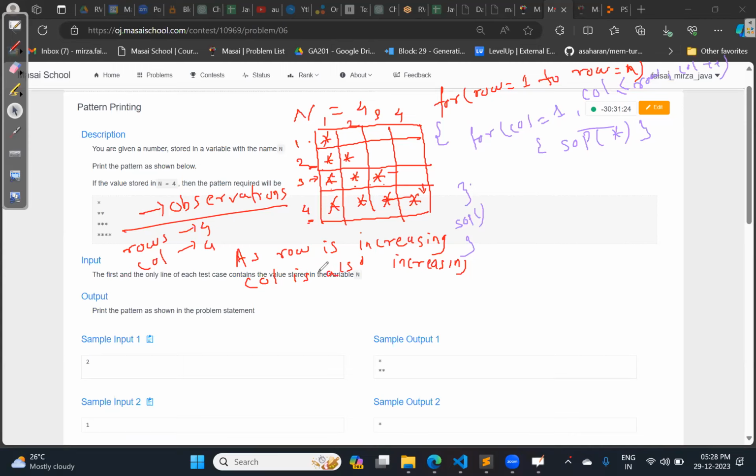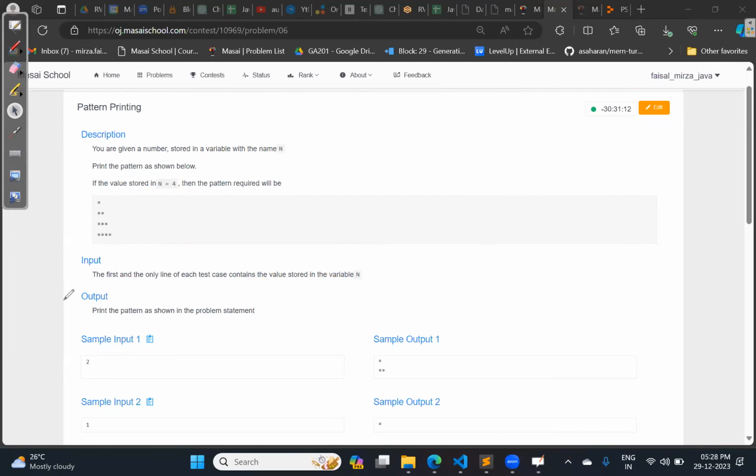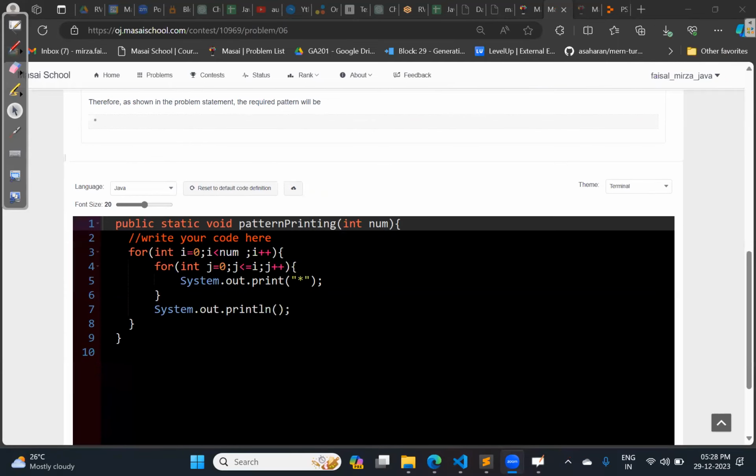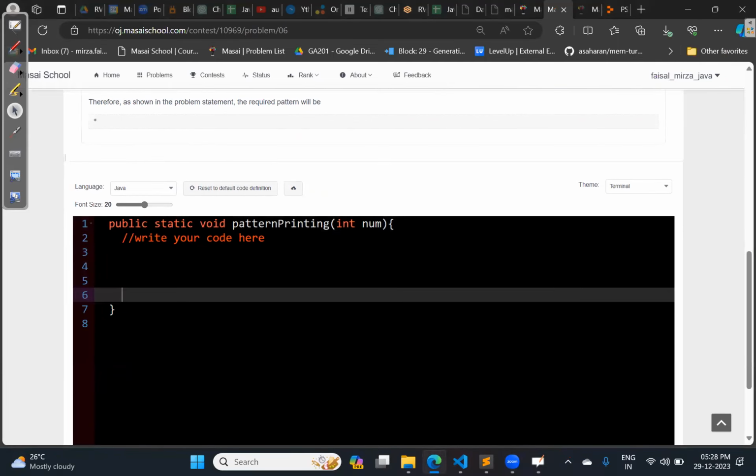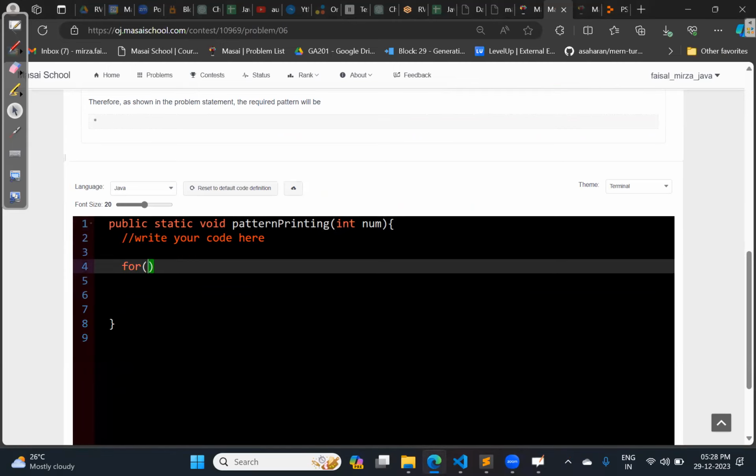Will you be able to solve this question? You can try to solve. Okay, no worry. We'll see how we can. So let me try this question. Okay, it is already tried. Good. Now, outer for loop. So row equals to 1 till row is less than or equals to n, then row plus plus.